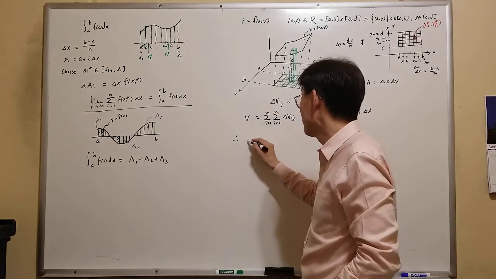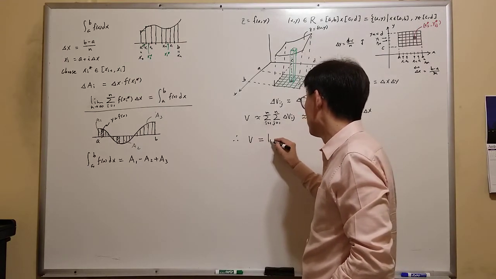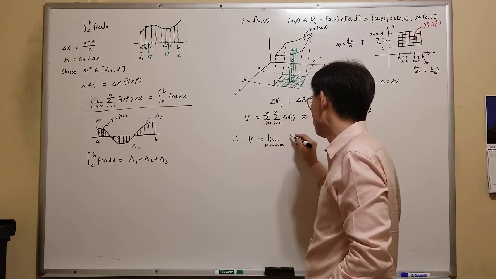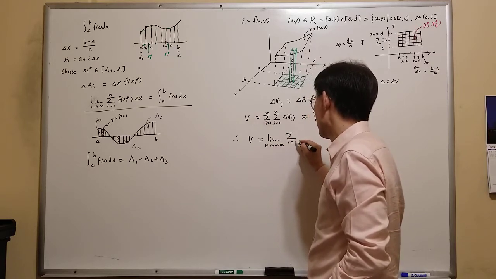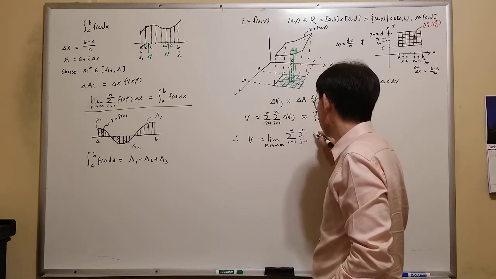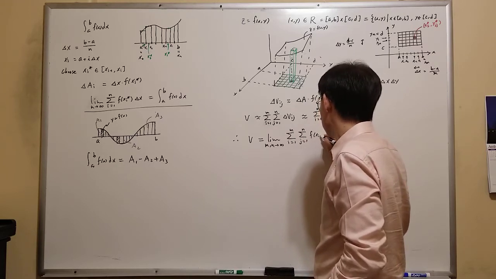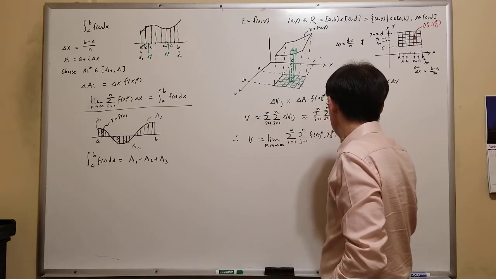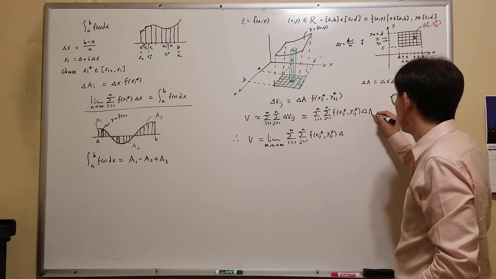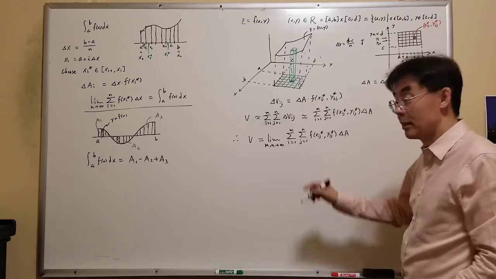So your true value is the limit, as m and n both go to infinity, of this double summation, where this is delta A. Okay?